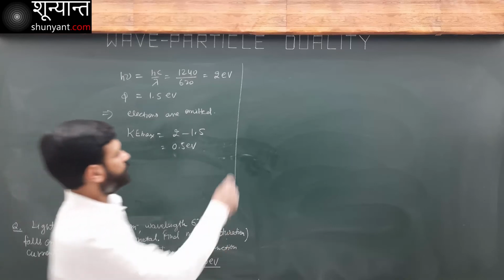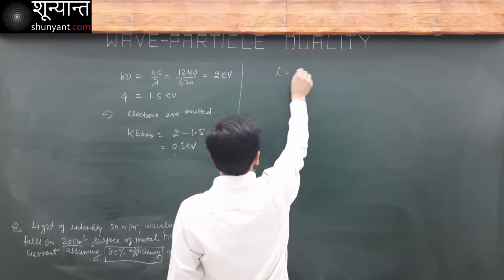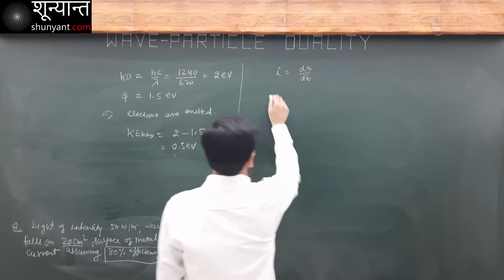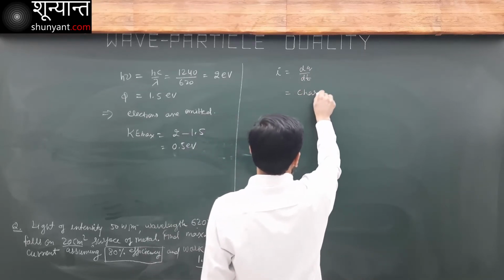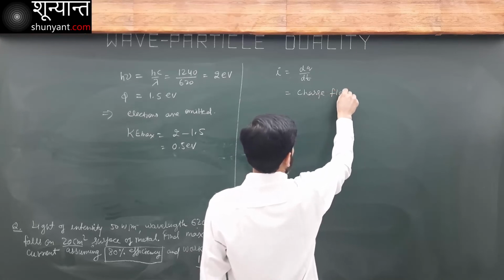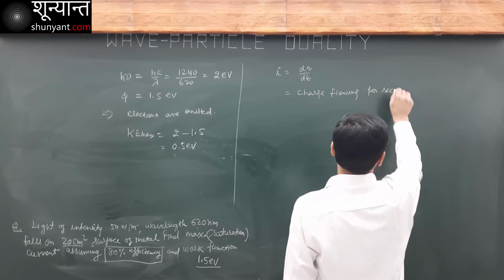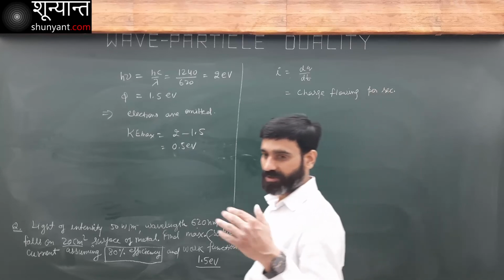Current I is equal to dq over dt. Okay, that is charge flowing per second. In 1 second, how much charge flows?